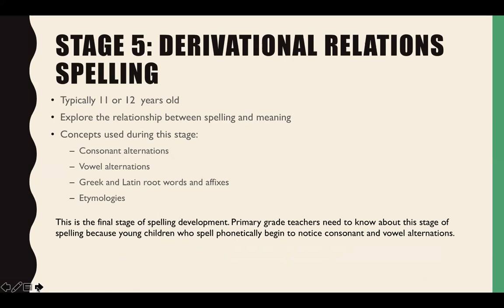Primary grade teachers need to know about this stage of spelling because young children who spell phonetically begin to notice consonant and vowel alternations, right? Children's spelling provides evidence of their growing understanding of English orthography or the English spelling system.